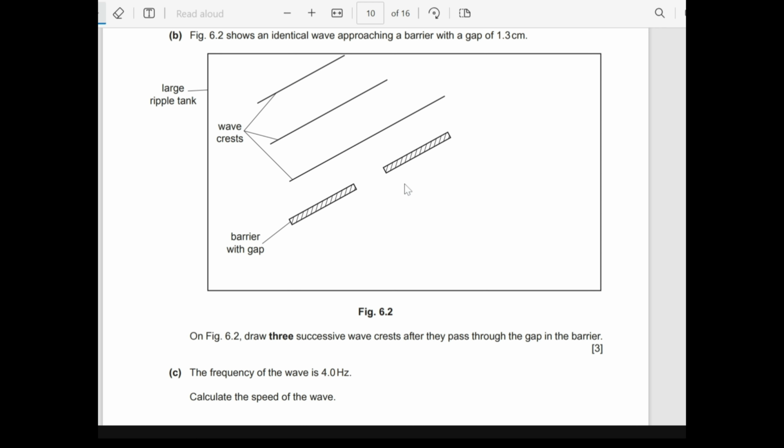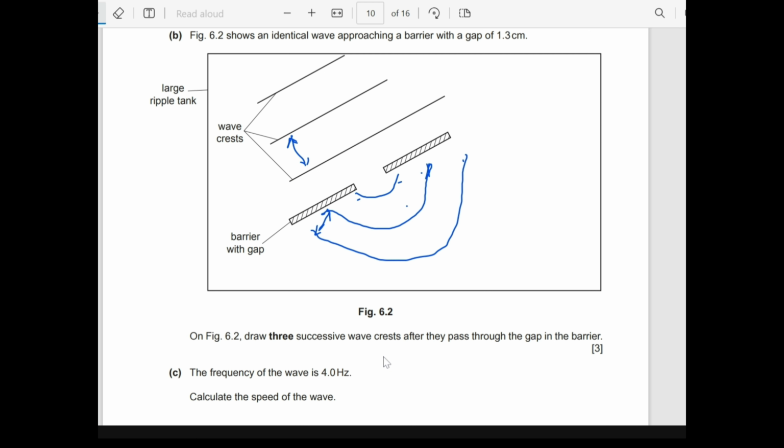So don't ever draw straight lines like this. Rather, you draw the curve with the same wavelength. It should be almost the same distance from crest to crest.